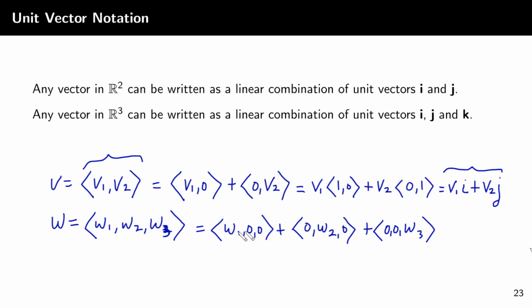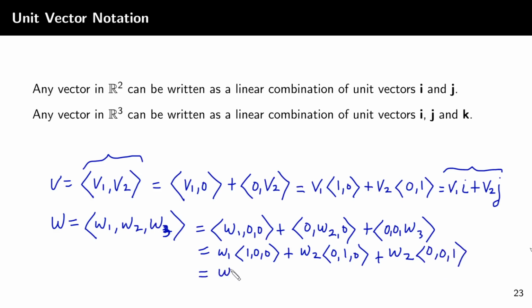And then, I will factor out these components. So, W1 times the vector 1, 0, 0 plus W2 times the vector 0, 1, 0 plus W3 times the vector 0, 0, 1.